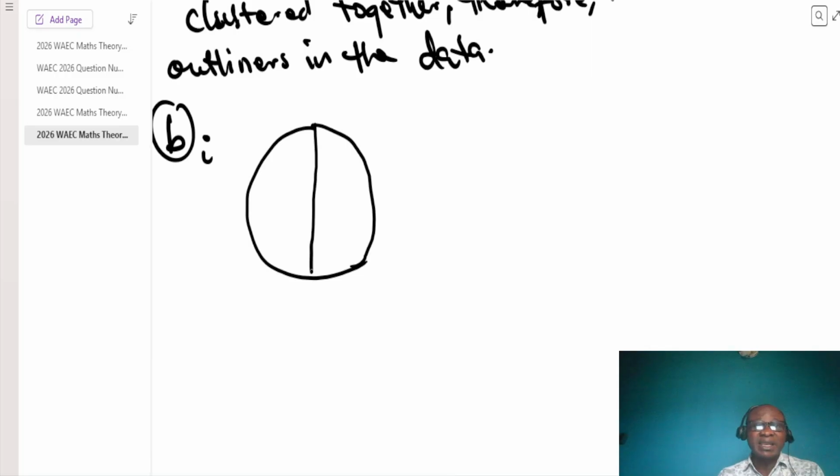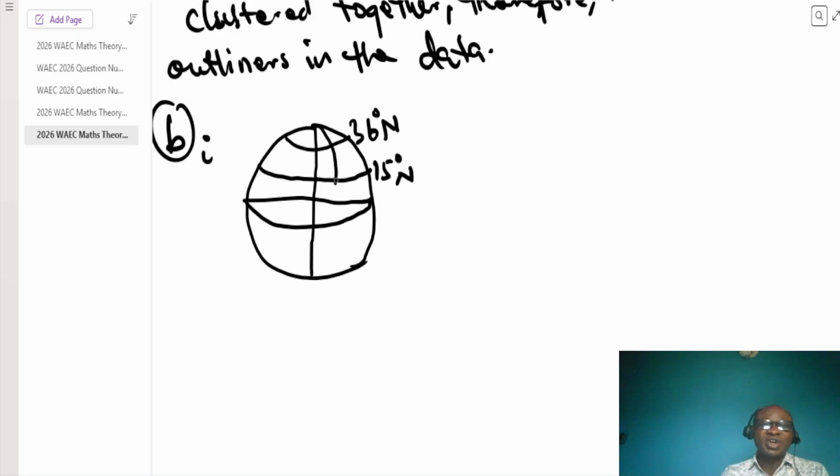Then this is my polar axis. This is my line of equator, and the arc. Now, the first value is 15 degrees in the north. The second value of the latitude is 36 degrees, also in the north. Then it lies on the meridian. So this is the meridian.